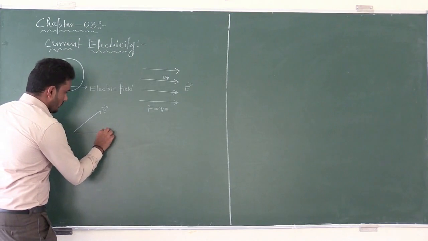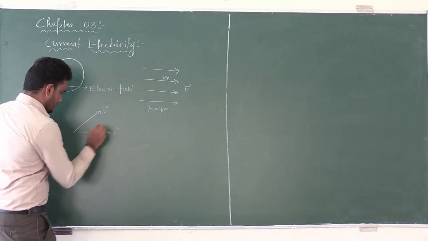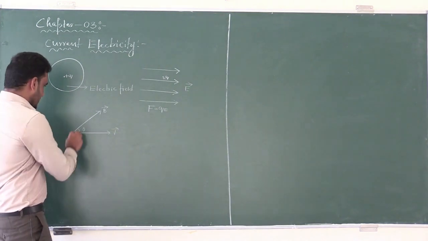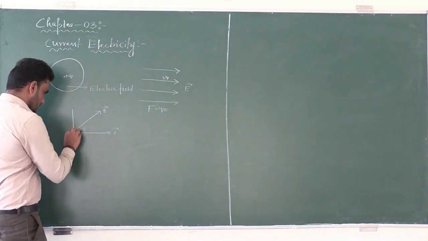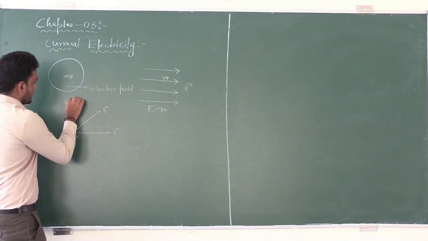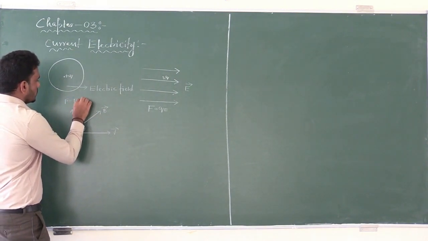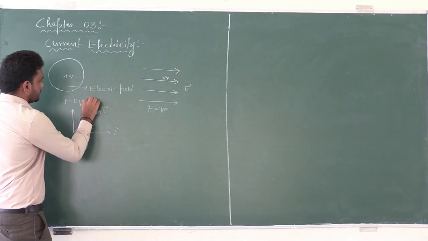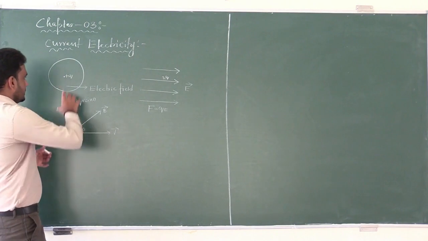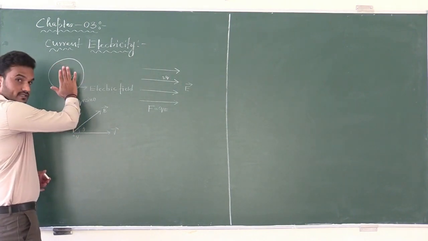The charge is moving with a velocity v, making an angle theta. So what will happen? It experiences a force. The magnitude of the force is F is equal to BQV sin theta.